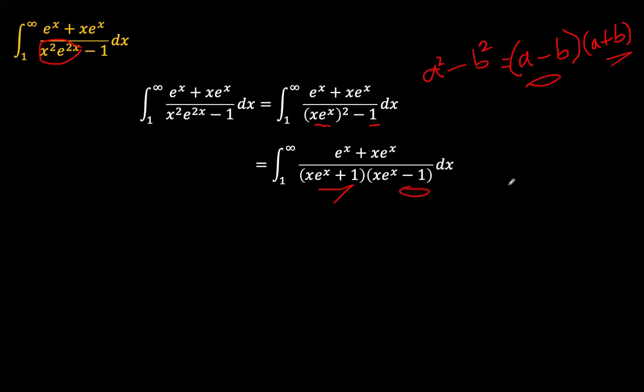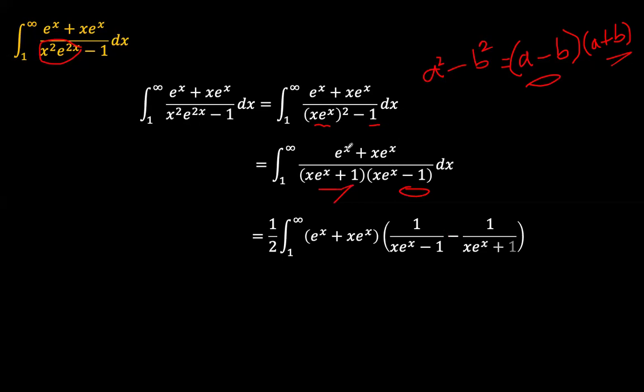Now, we can go ahead and express this as a partial fraction. Now we do that ignoring the numerator. 1 over the denominator is the same as 1 over x times e to the power x minus 1 minus 1 over x times e to the power x plus 1, times a half.